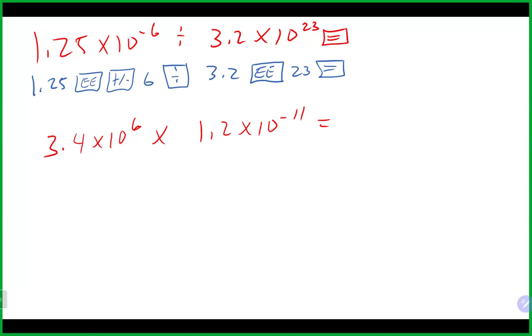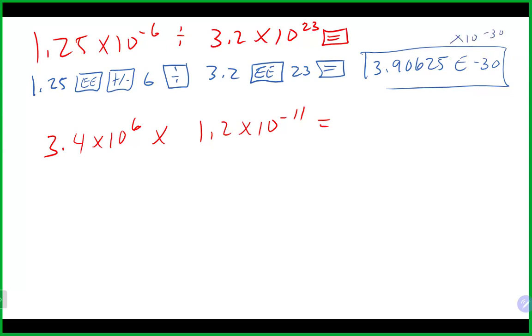That's going to give me on my screen something like 3.90625. On my screen, I have an E minus 30. On some people's screens, you may have a times 10 to the minus 30 towards the end of it.